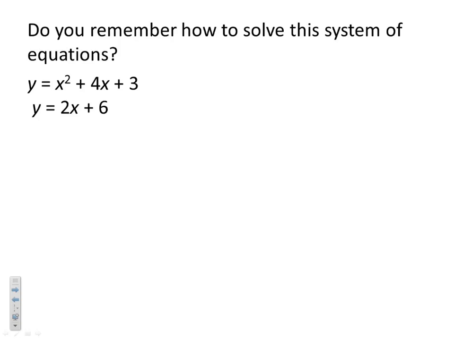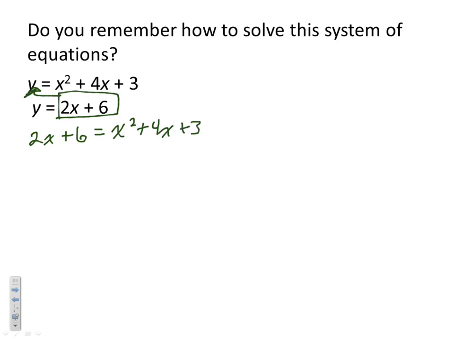All right. So the first way we're going to solve this is by substitution. So I'm going to substitute in 2x plus 6 in for y into the top equation, all right? So I have 2x plus 6 equals x squared plus 4x plus 3, okay?